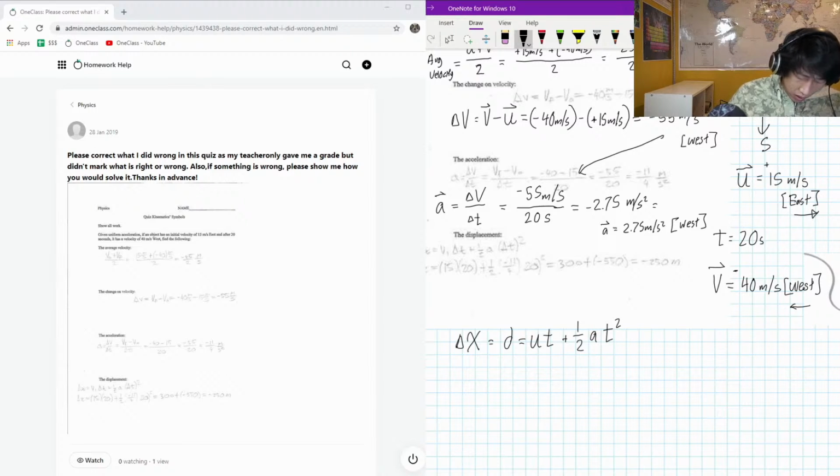Okay, so this comes from the kinematics equation.